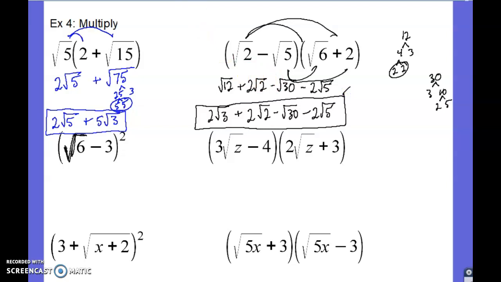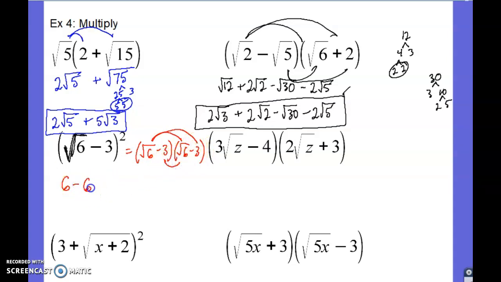As I move on to the next row of problems, remember squaring something means the same thing as multiplying by itself. So we're looking at root 6 minus 3 times root 6 minus 3. And I hope you've done enough of these where you understand that root 6 times root 6 will be the square root of 36, and the square root of 36 is 6. The outside term would be negative 3 root 6. The inside is another negative 3 root 6.